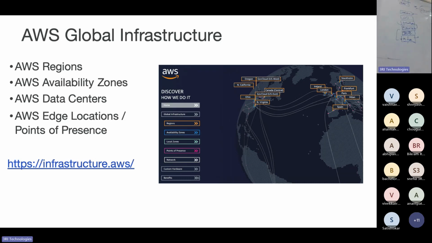First thing is called IaaS, infrastructure as a service, right? Platform as a service, SaaS, software as a service. Okay, these are three different models. How do they fit here? Let's see.